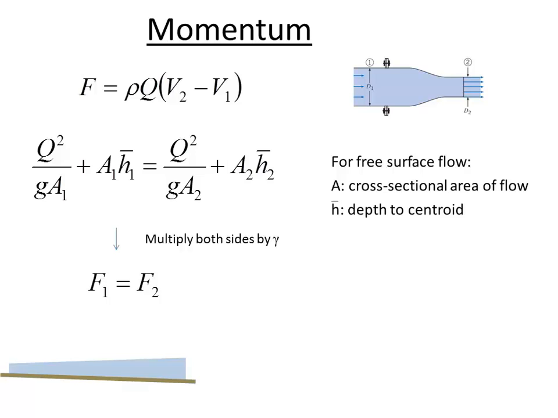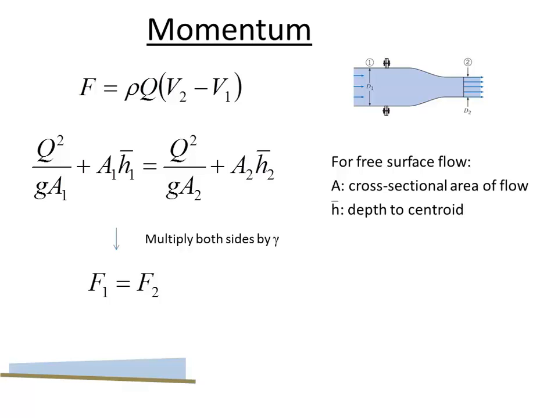That should be pretty obvious when it's in terms of area 1 times the depth of the centroid at 1. So the units here are going to be meters squared times meters, and if we multiply that by the units associated with the unit weight of water, gamma, which is newtons per meter cubed, then that gives us units of newtons. So that's a force.